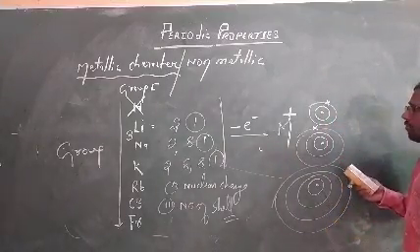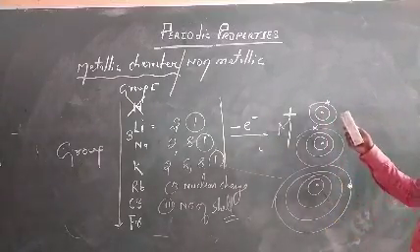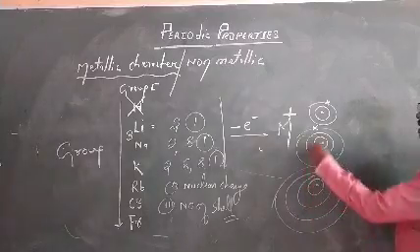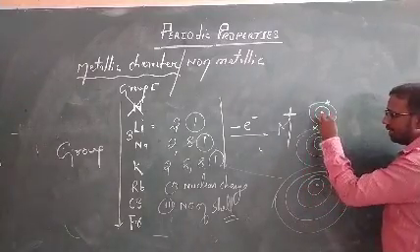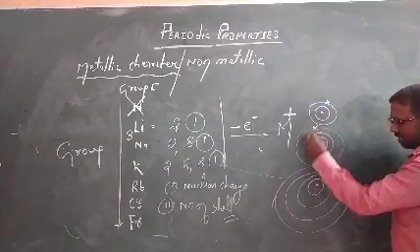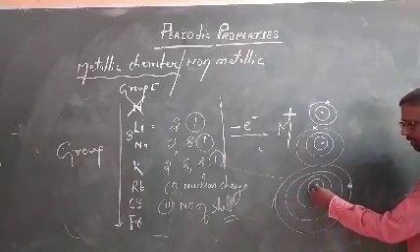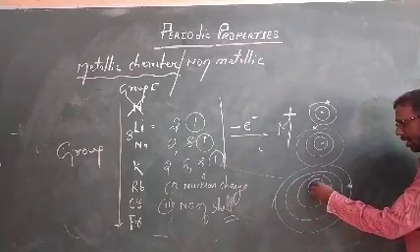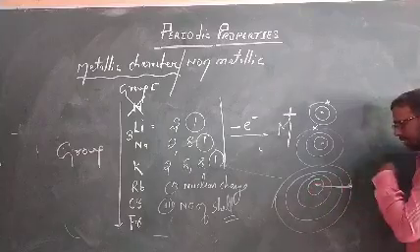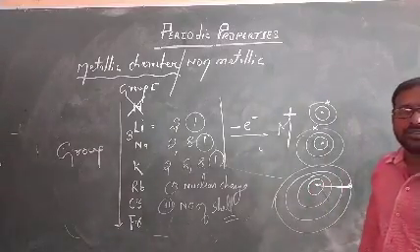You can observe clearly in this picture that lithium has 2 shells, sodium has 3 shells, potassium has 4 shells, meaning the distance between the nucleus and the outermost shell electron is increasing.